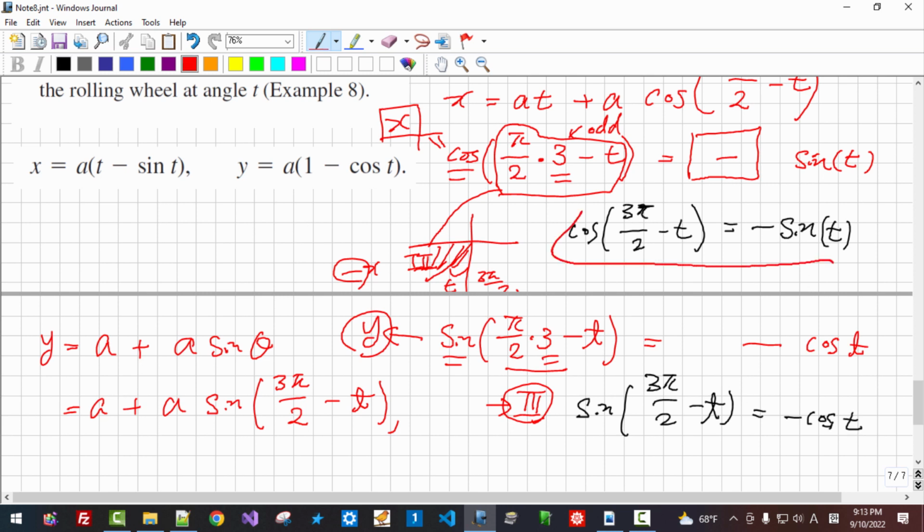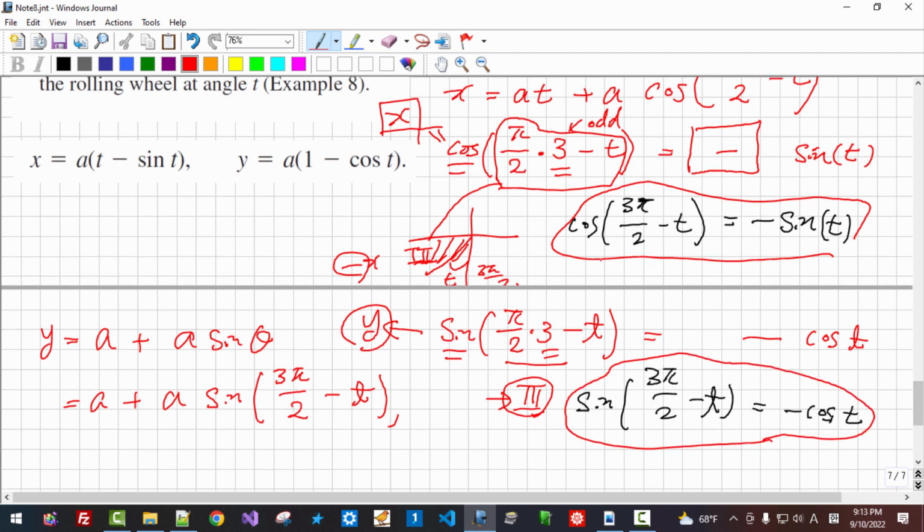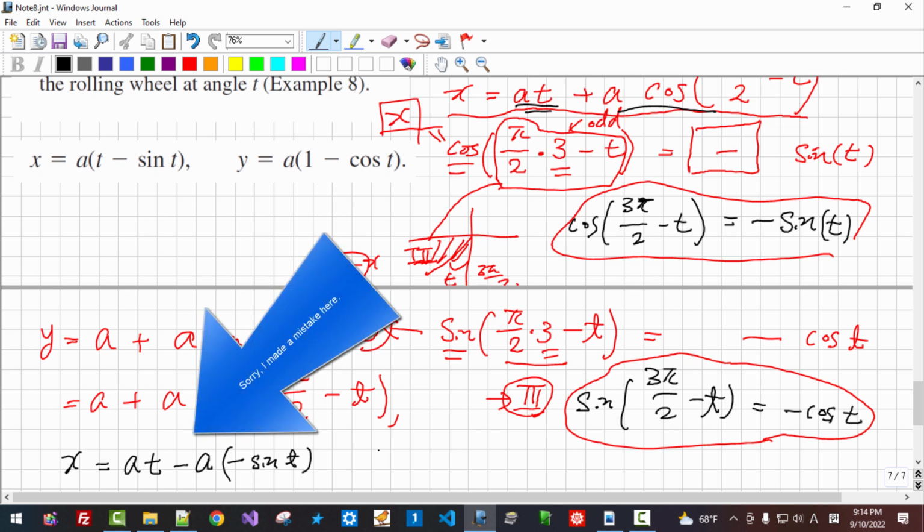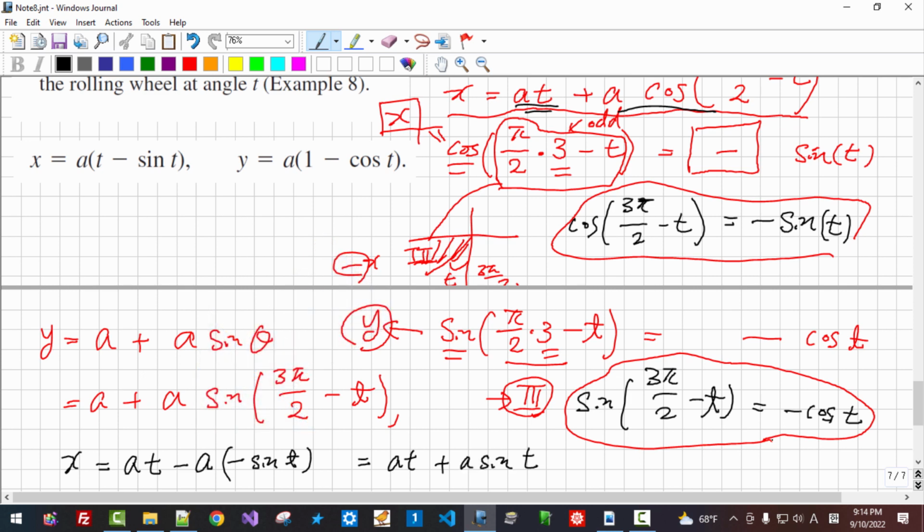With this and this, please notice this equation. X equals at, this part, then this part, a minus sine t. So at plus a sine t.